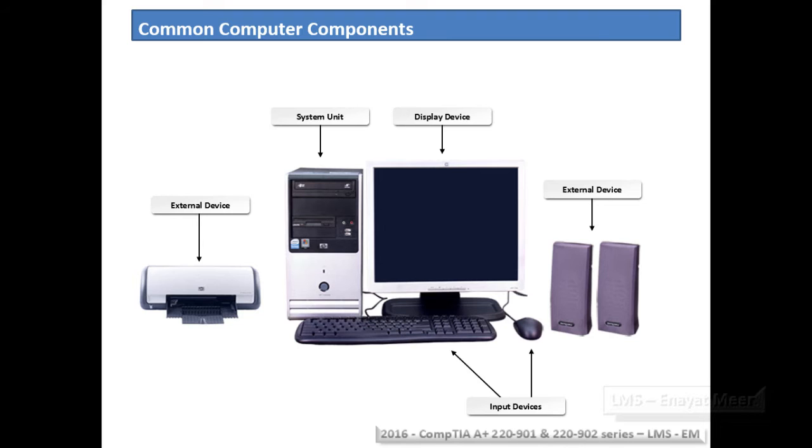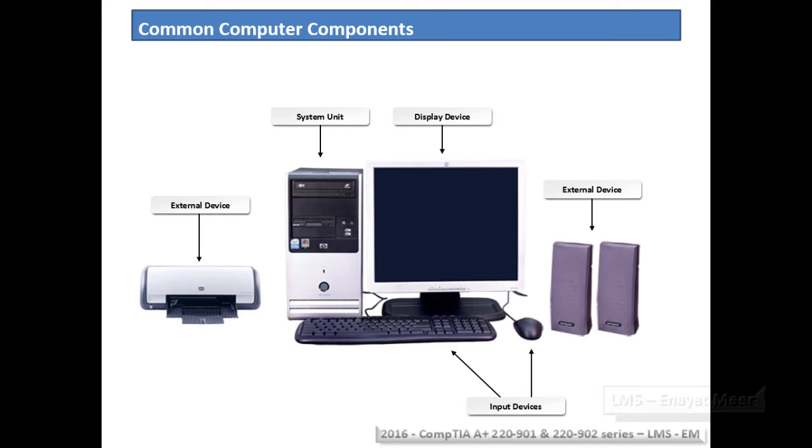You might have a sound card attached to your system unit in an expansion slot, and you can also use USB speakers. It all depends. And you also have a keyboard and mouse, and these could be wireless or wired.